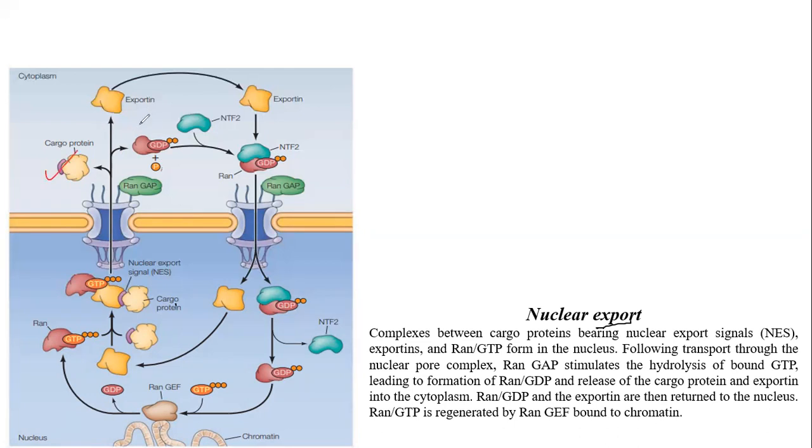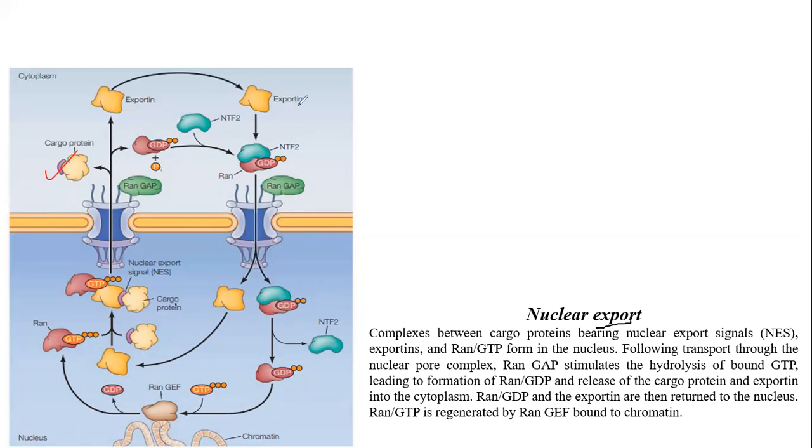And then exportin has to be bound to RAN GDP so that it can get out. And once it's outside, RAN GDP is dissociated. And then exportin is recycled back through the nuclear pore.